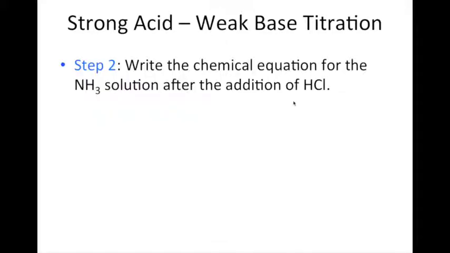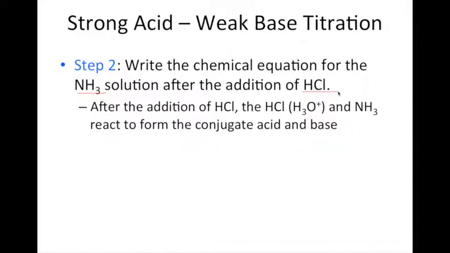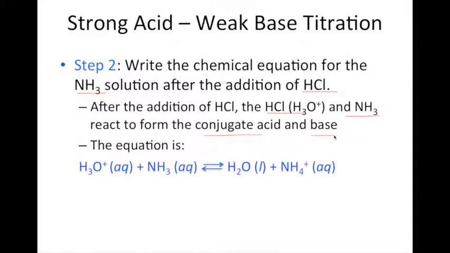The first thing we want to do is write a balanced chemical equation showing the reaction between ammonia and our HCl, or H3O+. So after the addition of HCl, the HCl and the ammonia react to form our conjugate acid. So the equation should look something like this.